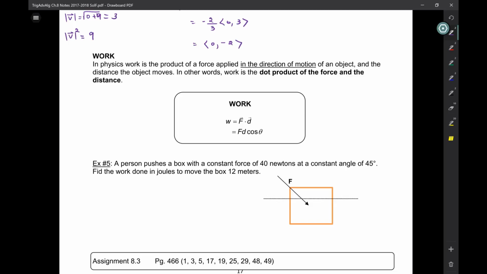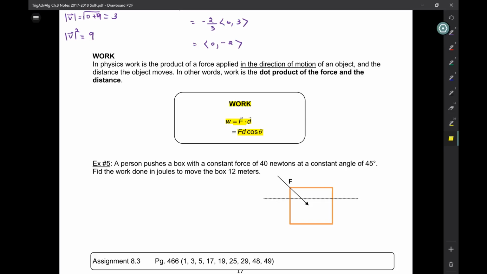It is the part of the force that figures into our formula, okay? So the most official definition for work is actually F dot D. It's the dot product, which means it's FD cosine theta, okay? If I were to push this table, I don't get down and push it horizontally like this.